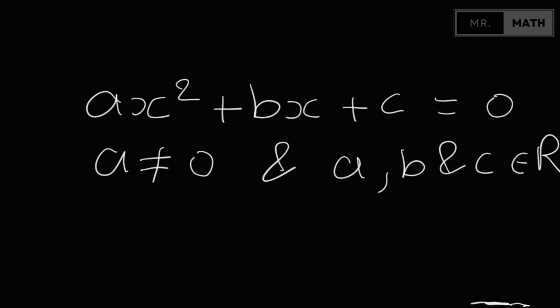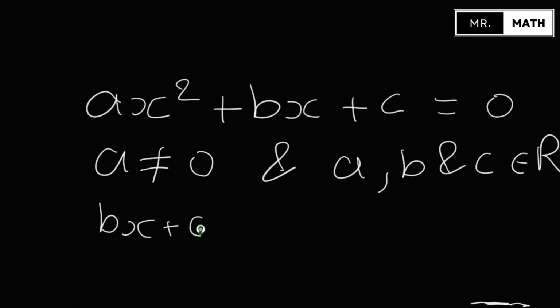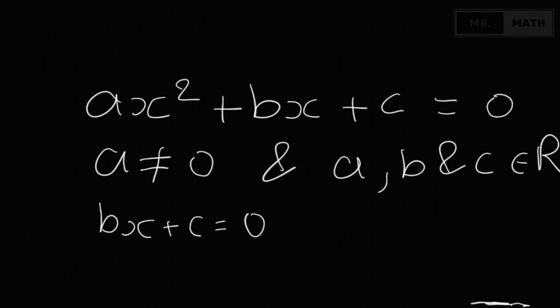So a is not equal to 0. Why a is not equal to 0? Let's put it and check it. If a is equal to 0, then I would get only bx plus c is equal to 0. And from the definition, we know that, what is the definition? Equation with the one variable and highest power of that variable is 2.